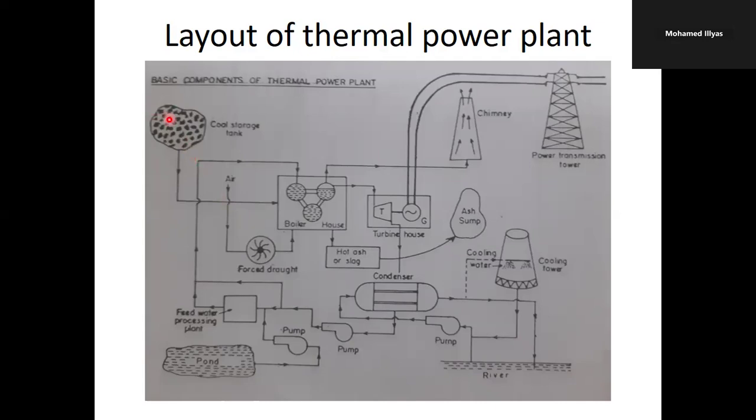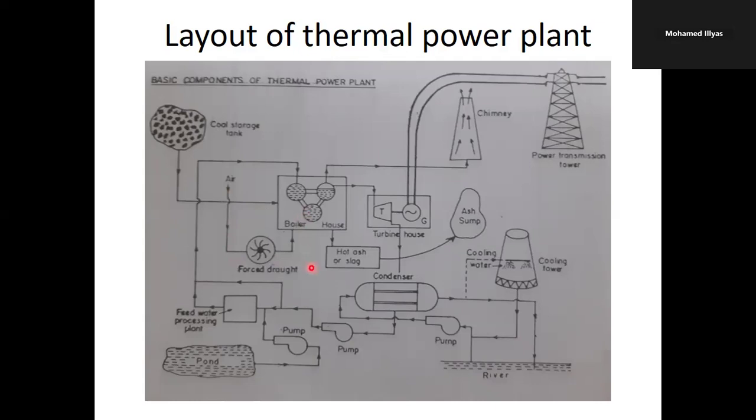Generally the coal will be stored in the coal storage yard, and the coal will be processed and it will be supplied to the combustion chamber in the powdered form through the conveyors. And for the combustion of this coal, air will be taken through forced draft fan and it will be supplied here.